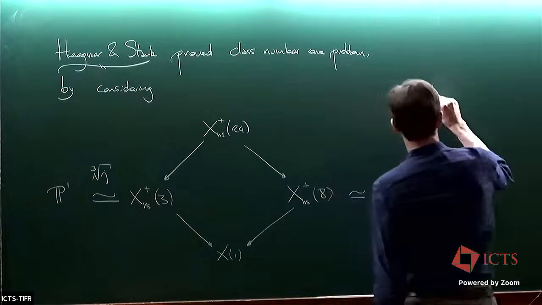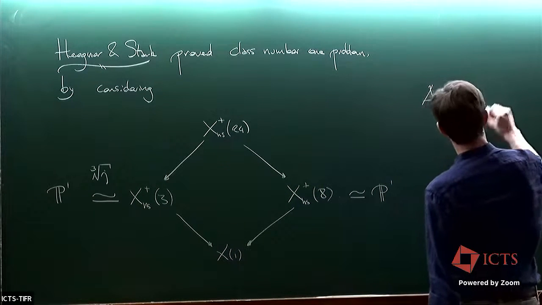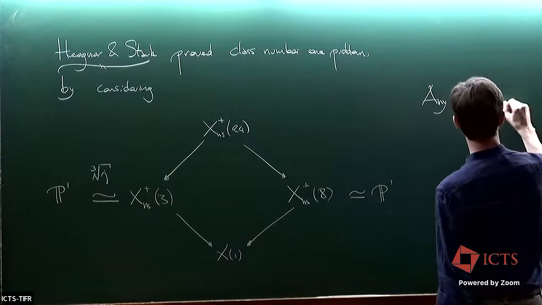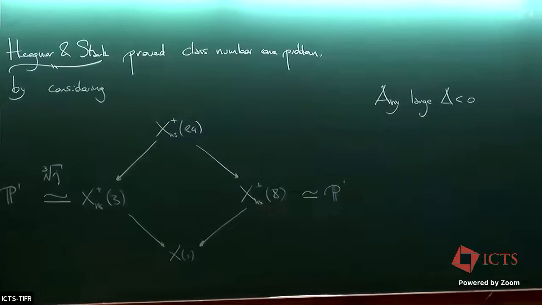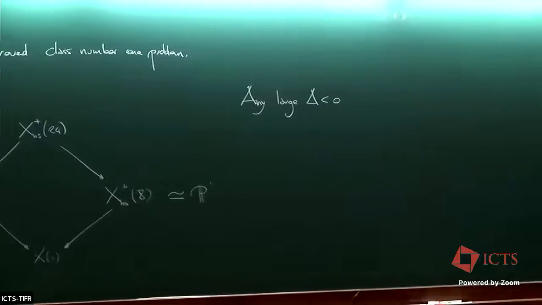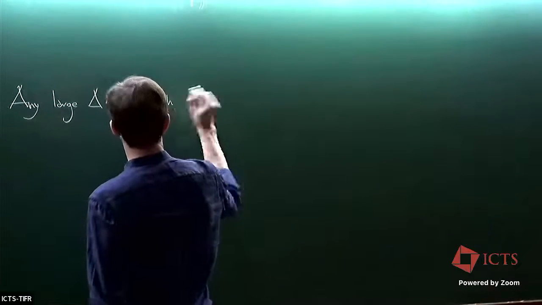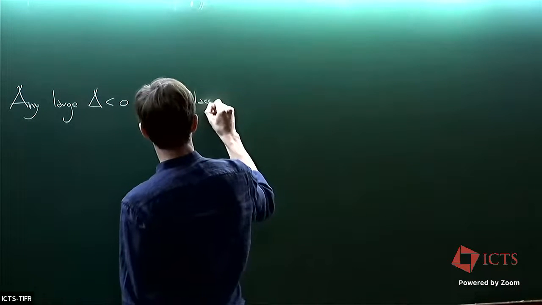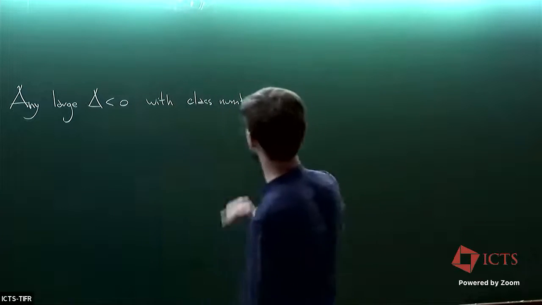And the mechanism of their proof is that suppose you have some, I say large, maybe I should say small, I mean, a negative discriminant which in absolute value is very large. And suppose it has class number 1. And suppose it's one of the ones that we don't have yet on the list.